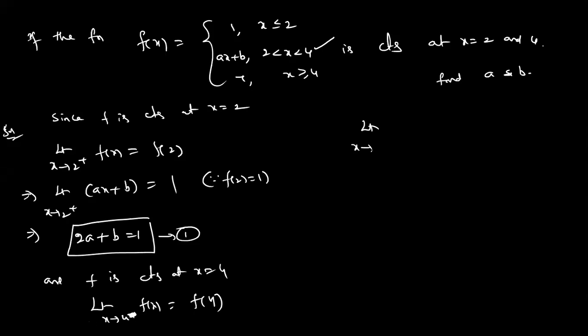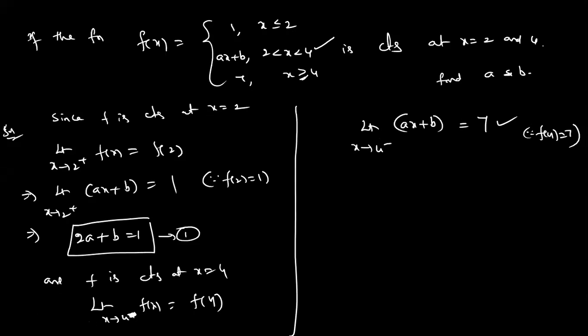Limit as x tends to 4 minus is also the second function, ax plus b, equal to f of 4, which is 7. So 4a plus b is equal to 7. This is equation 2.